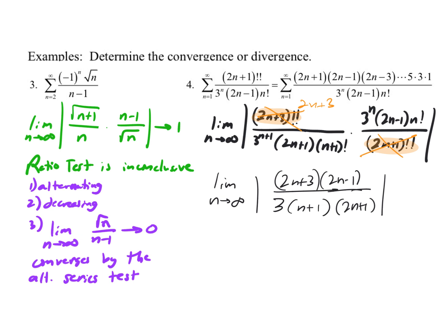Okay, so when we talk about that, we just have to talk about the leading coefficients. In reality, I have 4n squared that I have to worry about. There's other terms, but who cares about them? They are inconsequential when I take the limit as n approaches infinity. And so on top, I have 4n squared. On bottom, I have 6n squared. That's really what this problem boils down to.